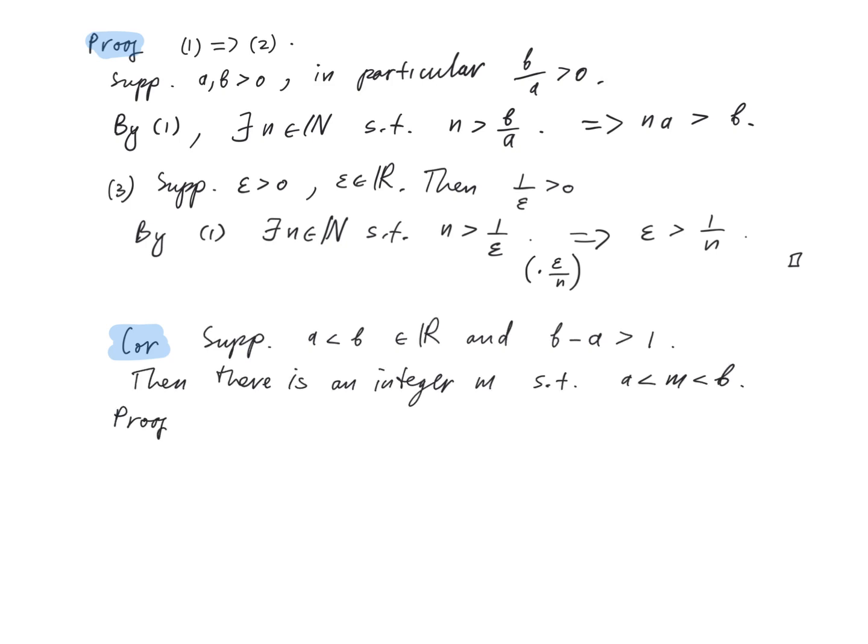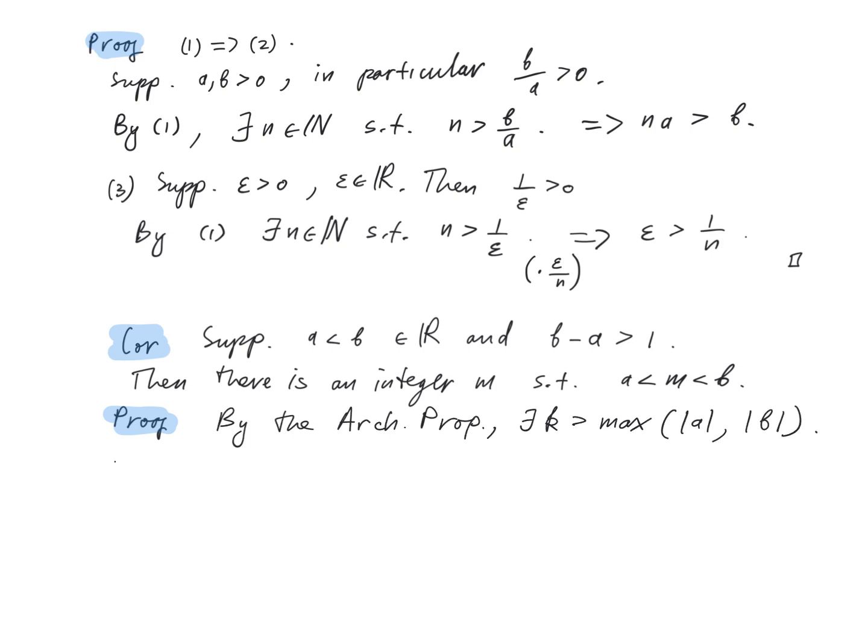Let's prove this corollary. By the Archimedean property, there exists a natural number k greater than the maximum of the absolute value of a and the absolute value of b.